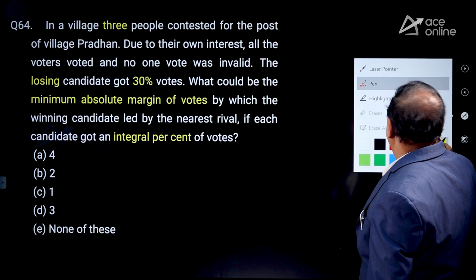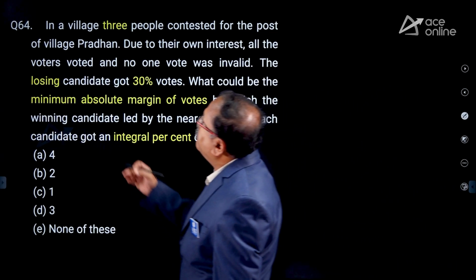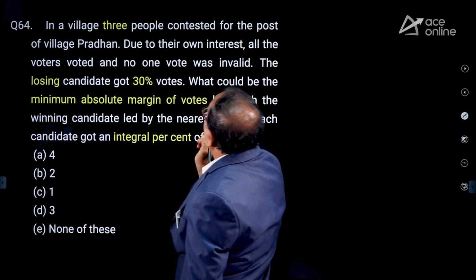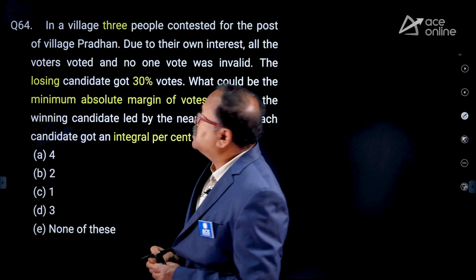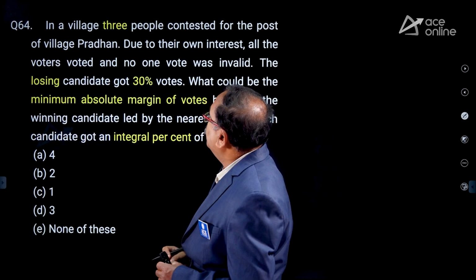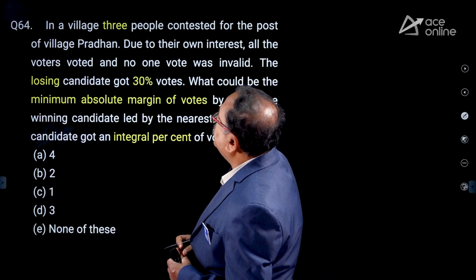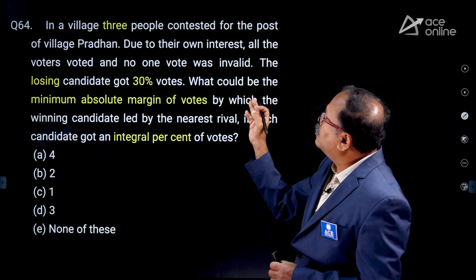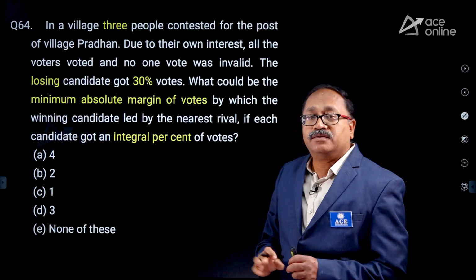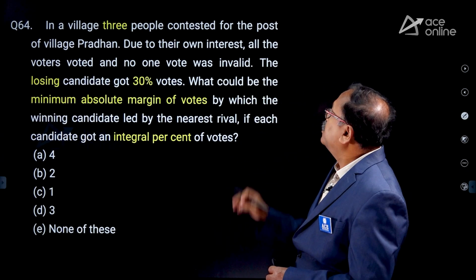Now, here about vote. In a village, 3 people contested for the post of village pradhan. Okay. Due to their own interest, all the voters voted and no vote was invalid. It's okay, general statement.